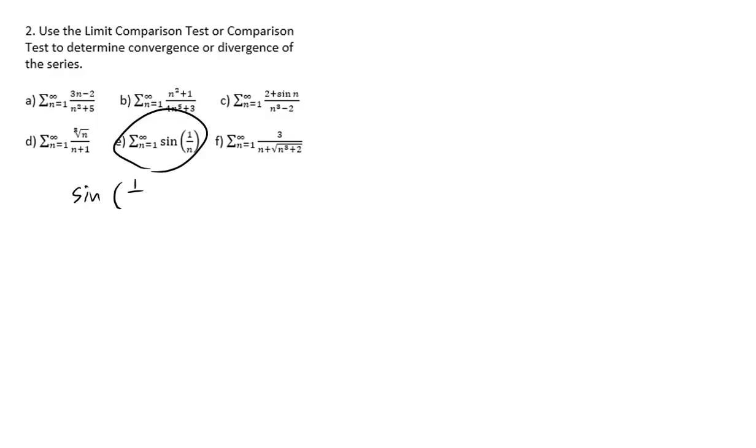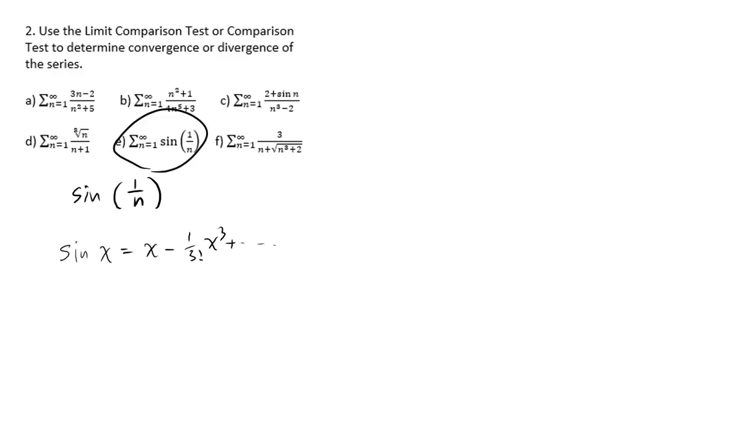Sine of 1 over n. Well, I spoke about how the Taylor series of sine x, which is x minus 1 over 3 factorial x cubed plus and so on and so on, indicates that when x is really, really small, these higher terms are small, and sine of x is very close to x.